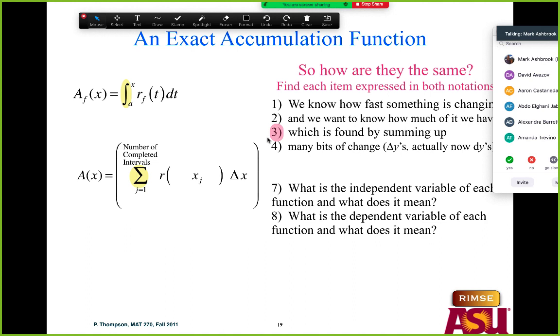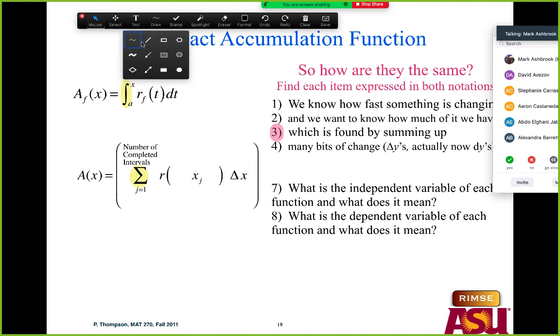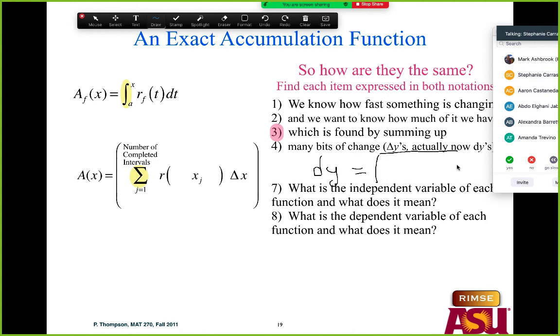How did we calculate a little bit of change for, say, one interval? How do we calculate the accumulated change over one interval? That's dy, right? What was dy equal to? It's m dx, right? This is how we calculated a little bit of change for one interval.